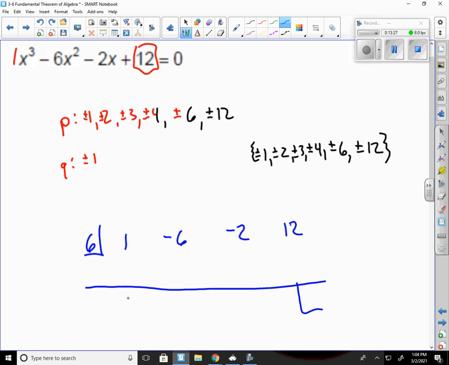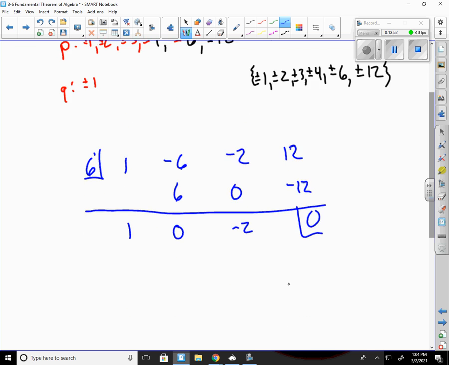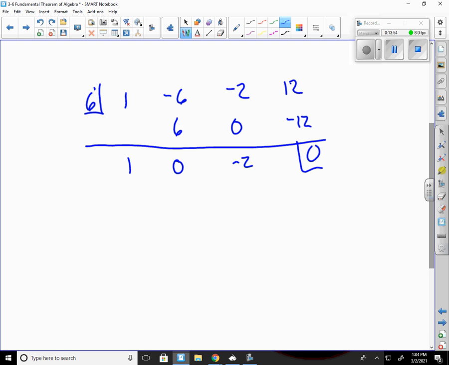Bring down the 1. 6 times 1 is 6. Negative 6 plus 6 is 0. 6 times 0 is 0. Negative 2 plus 0 is, no, it's not. It's negative 2. I've already moved on to the next step. Negative 2. 6 times negative 2 is negative 12. 12 minus 12 is 0. So I don't have a remainder. 6 is a factor. We already knew that.